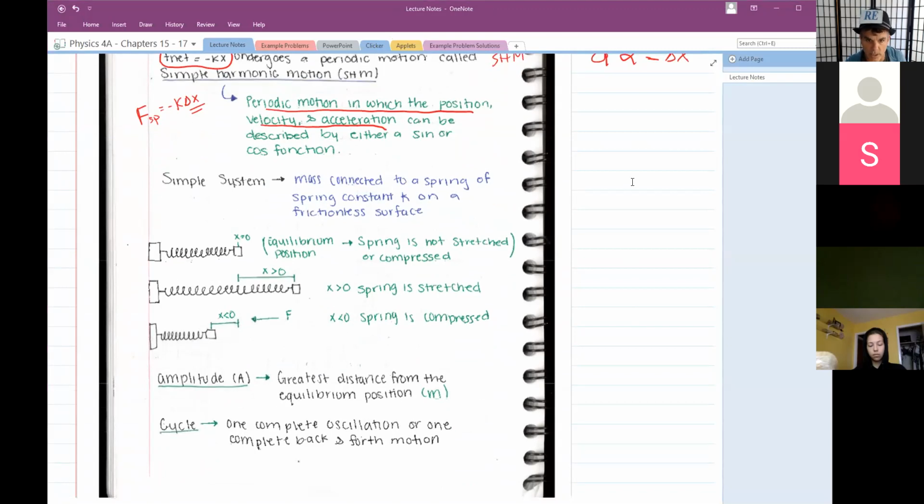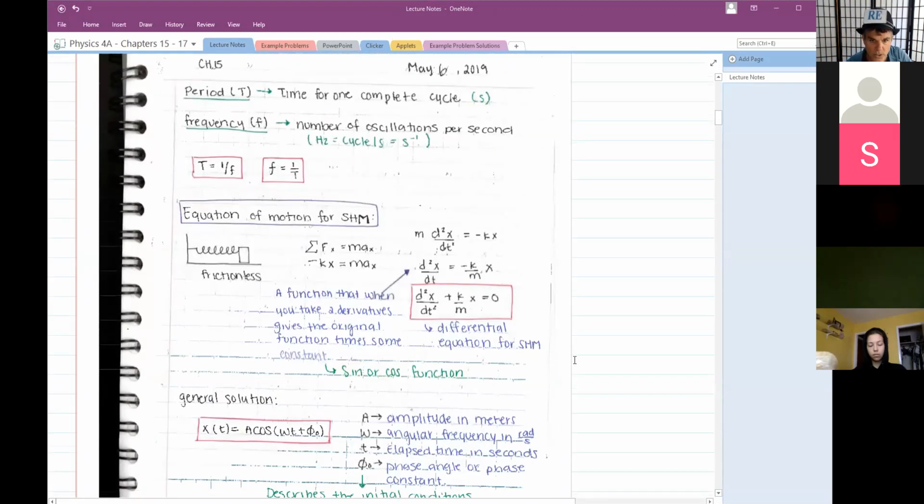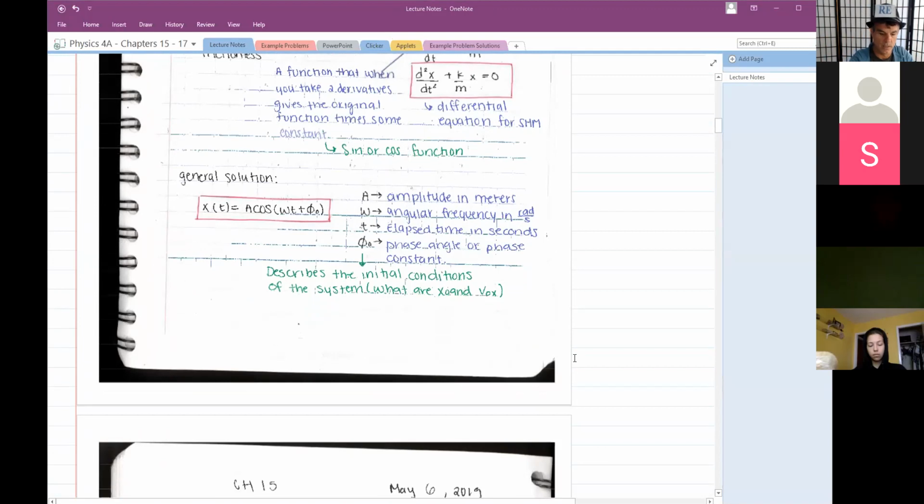So the diameter of the circle is equal to delta y of the object on the spring. So you could relate the diameter of the circle to certain physical characteristics of the system. For a spring mass system, I'll touch on that at the end, but the answer is yes, you can relate them. And just as a little preview, the general solution to an object oscillating back and forth in simple harmonic motion is A, which is the amplitude, times cosine of omega t plus some phase angle.